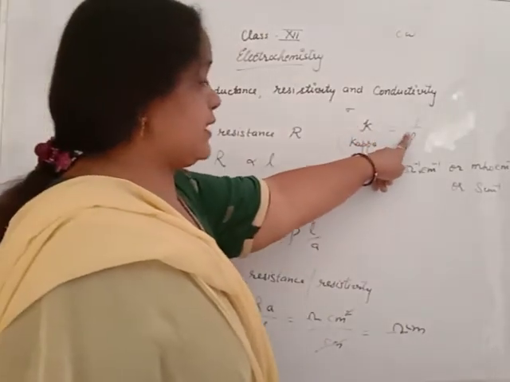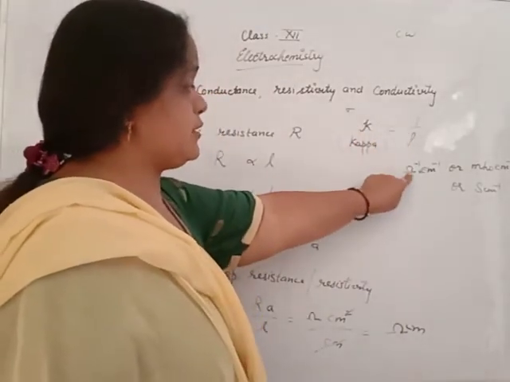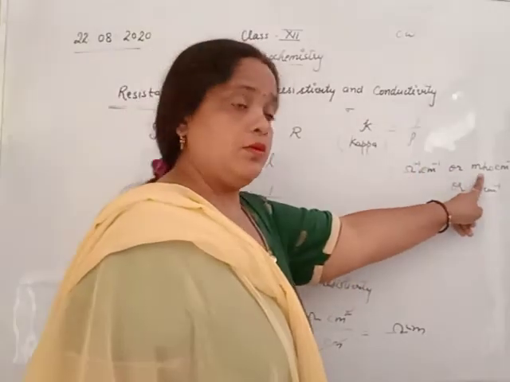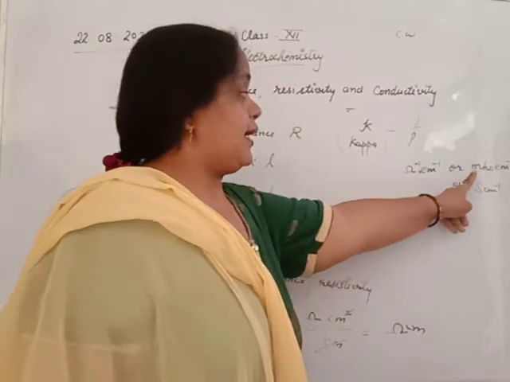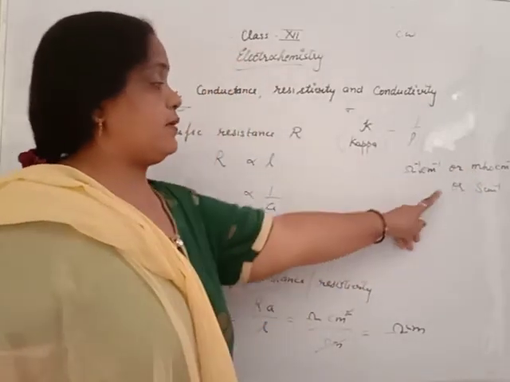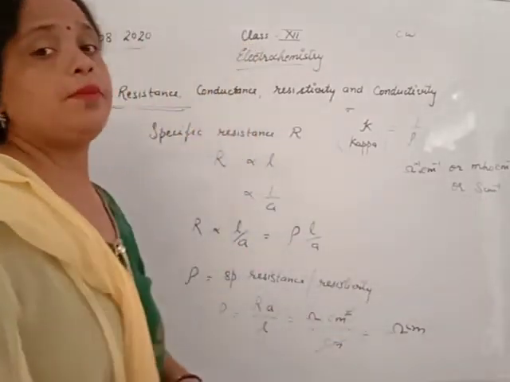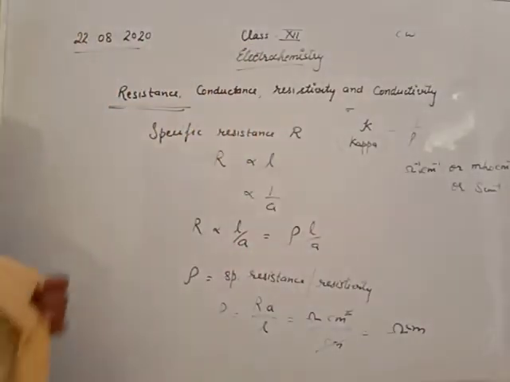It is the reciprocal of resistivity, hence its unit is ohm inverse centimeter inverse. Ohm inverse is also represented by mho, then mho centimeter inverse, and this unit was given by Siemens, so it is known as Siemens centimeter inverse or Siemens meter inverse. In CGS, centimeter inverse, in SI meter inverse.